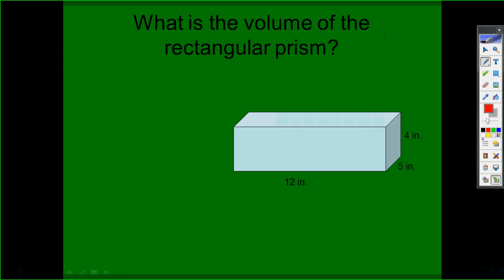If I look at this example, it actually has numbers and units. If I think about the bottom of this rectangular prism, this bottom layer is 12 units wide and 5 units deep, which means it's 12 times 5. It has 60 cubes on the bottom.